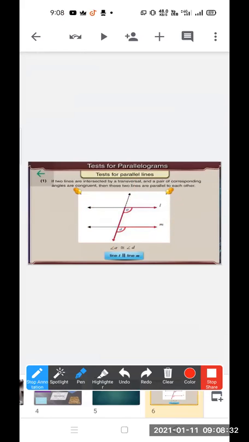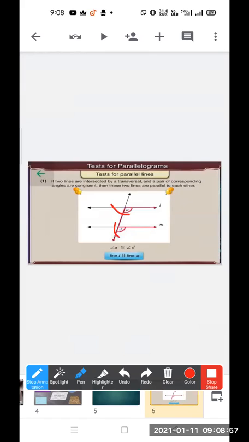So here corresponding angles are formed, children. Angle A and angle D are corresponding angles, and if these corresponding angles are congruent, then we can say that line L is parallel to line M. Is it clear? In a similar way, here also they are corresponding angles.